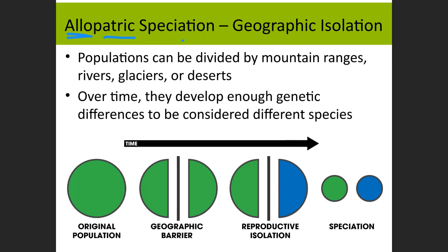They are geographically separated. This could be you've got one population that gets divided by an earthquake or a crater, right? Or some individuals go and move to the other side of the mountain, right? So they're divided. And so we've got our original population here. Somehow they get divided. Now they can't meet with one another.